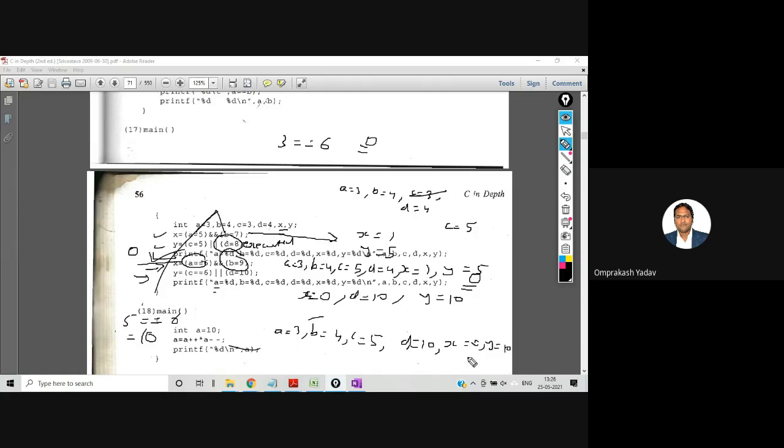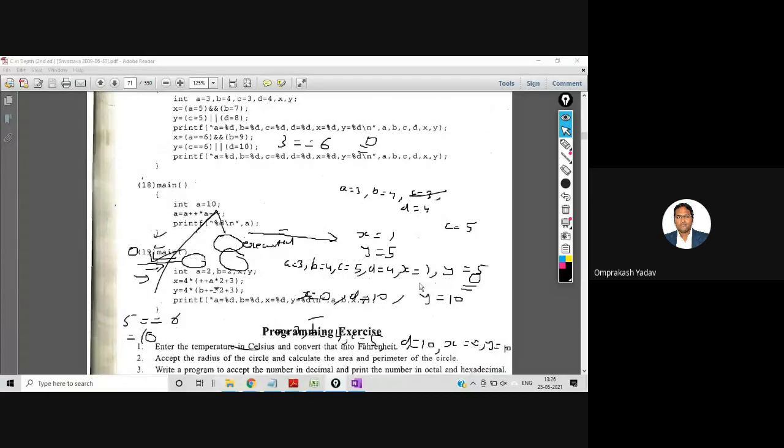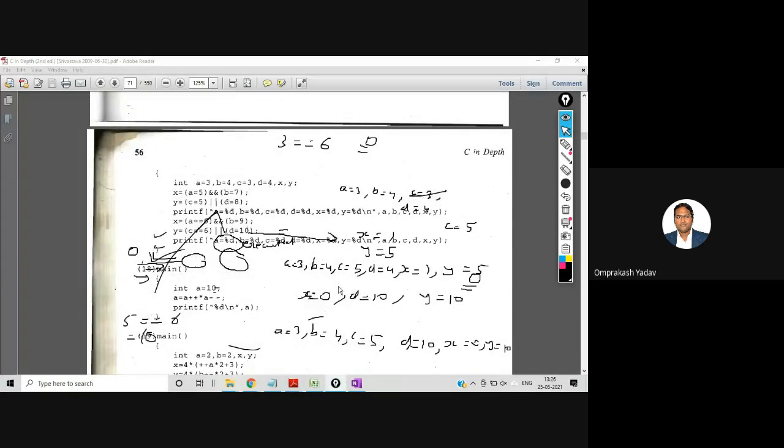Okay, so whether all of you understood, we can verify this answer. It's not written, so later on you can execute and check. But remember this concept. If you have any doubt, please ask me.